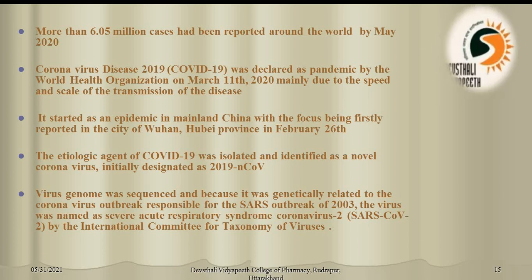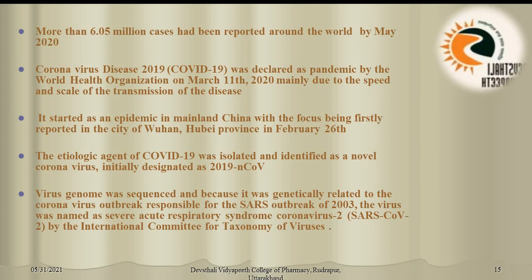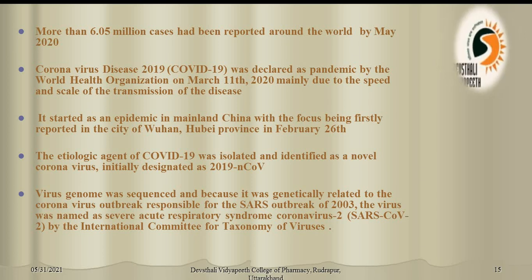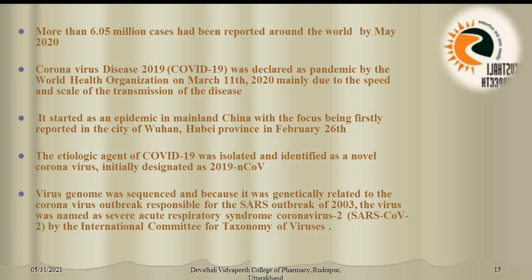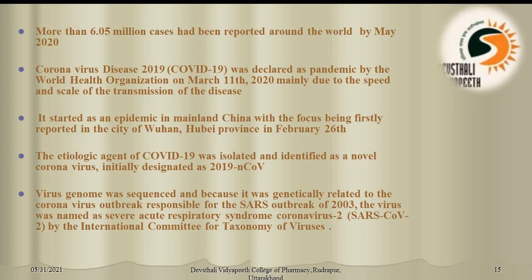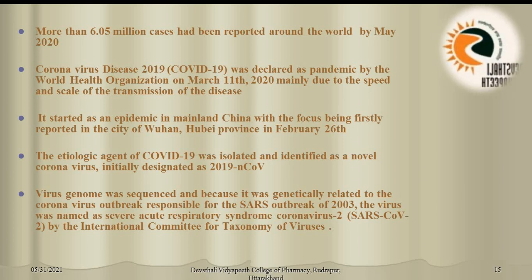It started as an epidemic in mainland China, because the main strain originated in the city of Wuhan in China. In terms of etiology, COVID-19 was isolated and identified as a novel coronavirus, and it was initially designated 2019 nCoV.